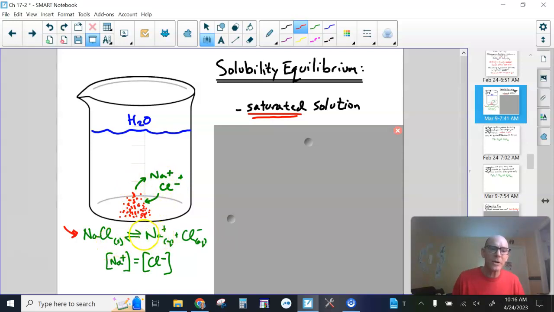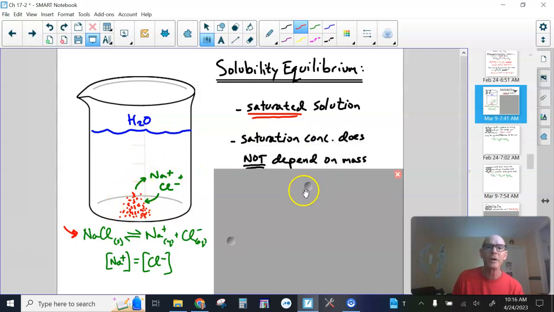So notice this reaction can go both ways. Also notice that because of the way salt ionizes, the concentration of sodium ion is equal to the concentration of chloride ion. So this is a saturated situation. We can't dissolve any more of that salt, no matter how much we stir it up. It's saturated.